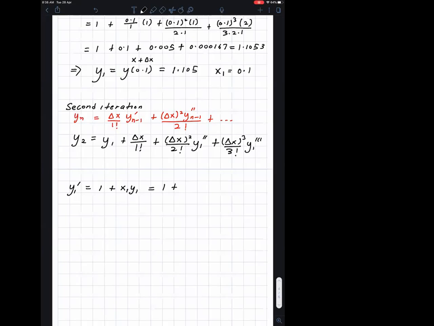X1 and y1 we calculated earlier. X1 is the interval 0.1. Y1 was calculated earlier, 1.105. So that's going to give you 1.1105.